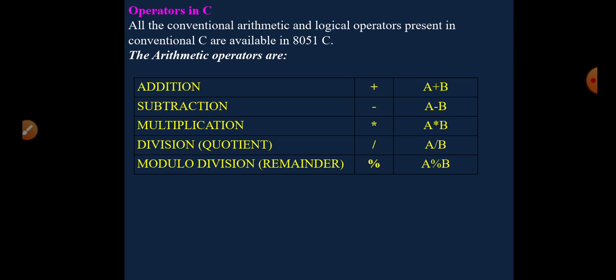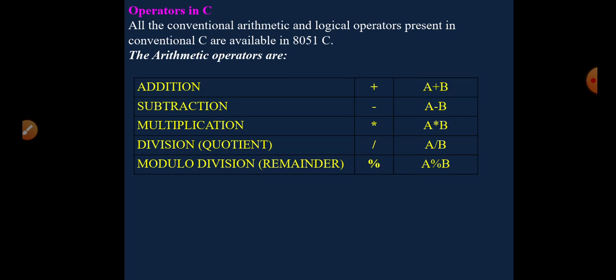Then you have the conventional arithmetic as well as logical operators which are available in 8051 C. Coming to the first one, the arithmetic operators, we have the basic operators for addition, subtraction, multiplication, division and modulus. The plus symbol indicates addition. The dash indicates subtraction, a minus b.